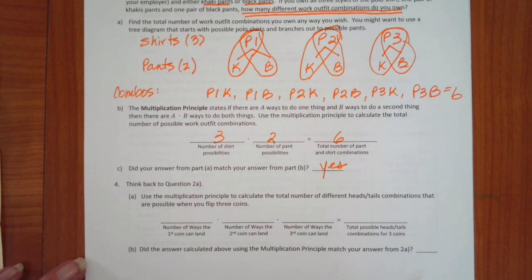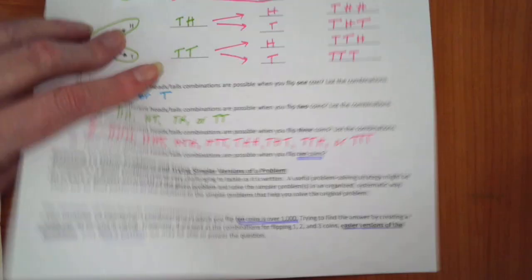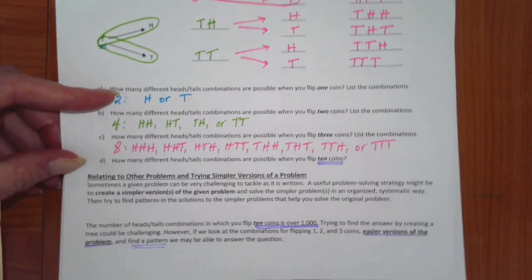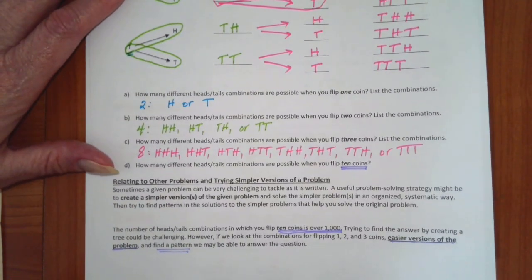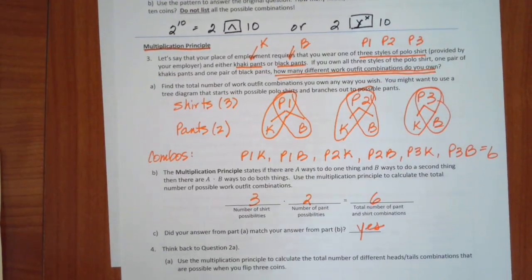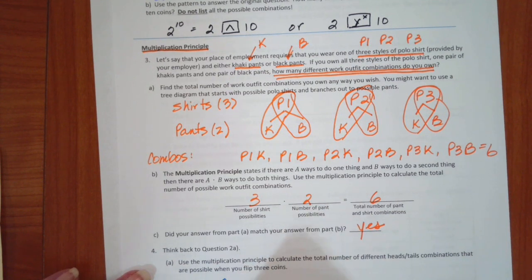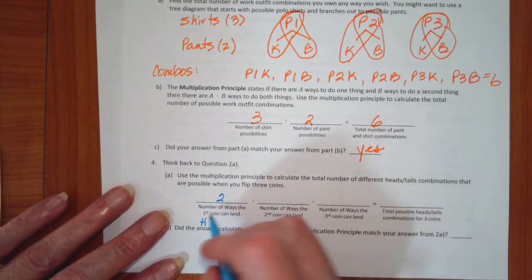Well, now let's go back and see if we can apply this to what we did on the front here. So we knew that on the front, the number of ways that the first coin can land is either heads or tails. So there are 2 ways.